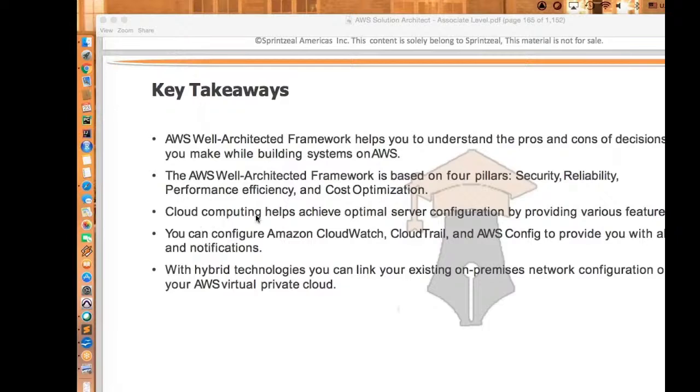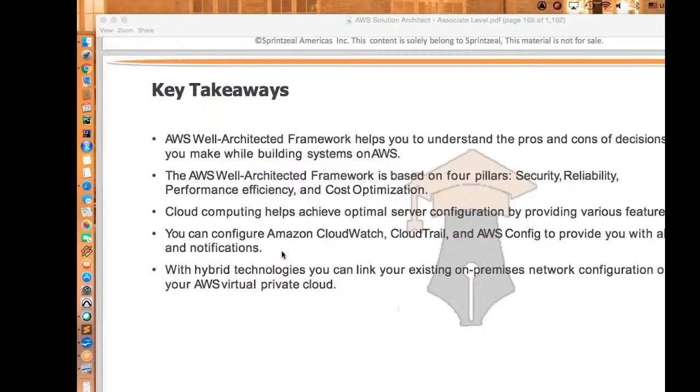We even talked about cloud computing, how it helps achieve optimal server configurations, and what different features it gives to the customer when anybody wants to use AWS cloud computing services. We also discussed how CloudWatch, CloudTrail, and AWS Config provide alerts and notifications, in which scenarios they give alerts like email notifications when a threshold hits the maximum, and taking the server picture and storing it in different AWS services, right?